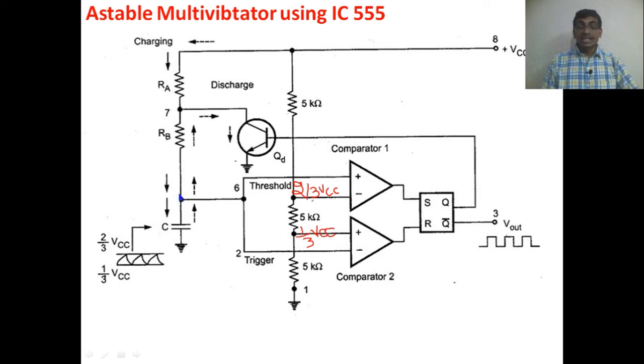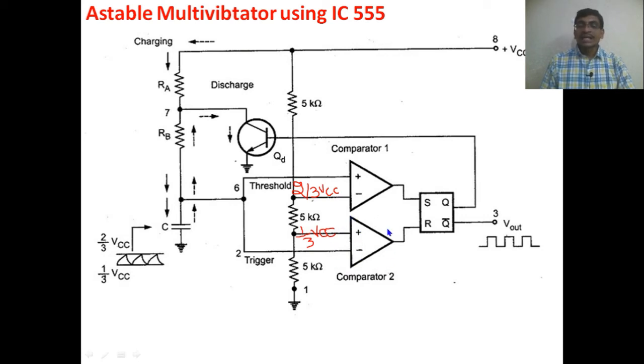Whenever the capacitor discharging voltage reaches 1/3 VCC, or goes slightly less than 1/3 VCC, then the voltage applied at the inverting terminal is less than the voltage applied at the non-inverting terminal. So at the second or lower comparator, the voltage at the non-inverting terminal will be greater than the inverting terminal.